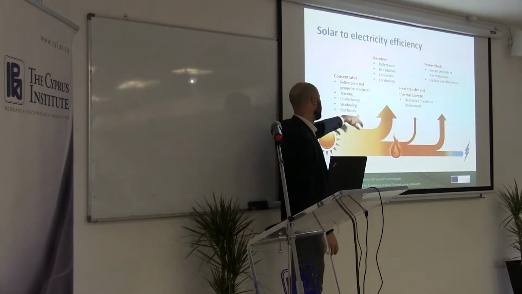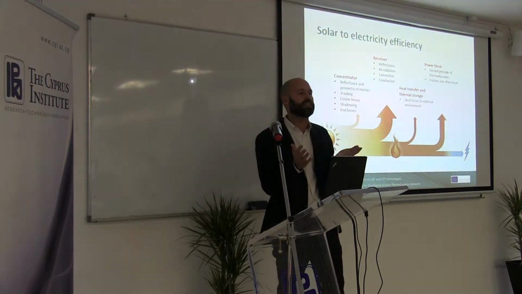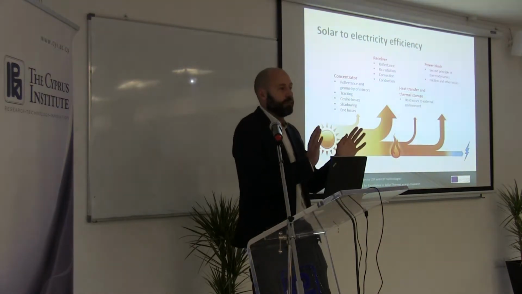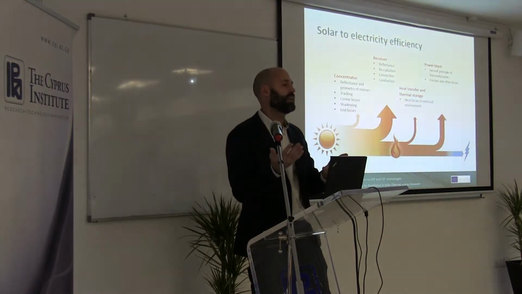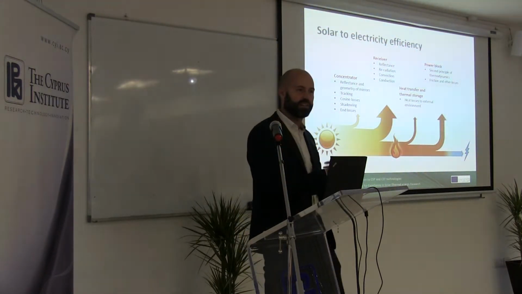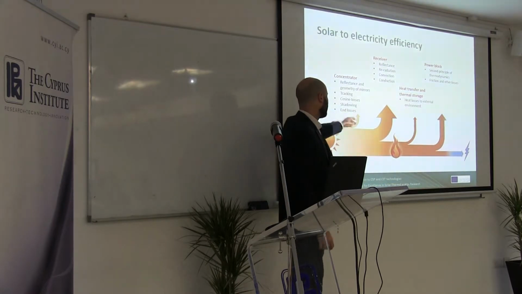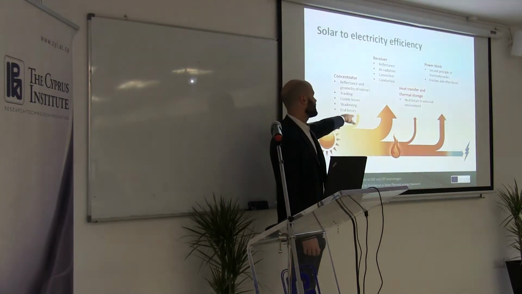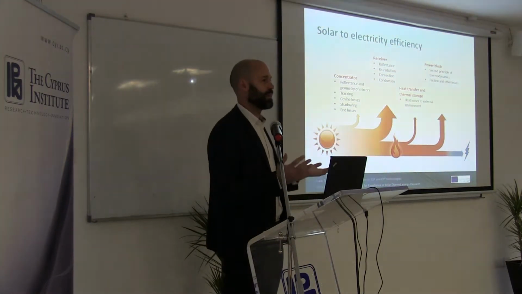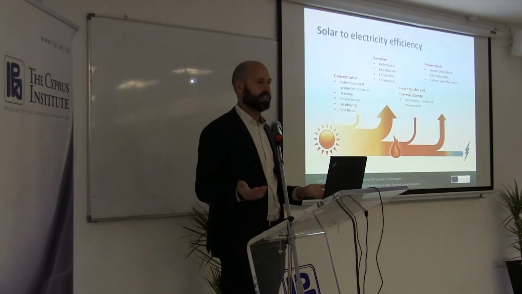Cosine losses, you will see later. Shadowing effect: in some cases some of your concentration elements are in conflict with each other, so, for instance, one heliostat may shadow another during specific times of the day. And end losses, which you will see when you visit the plant, especially for linear concentration systems.